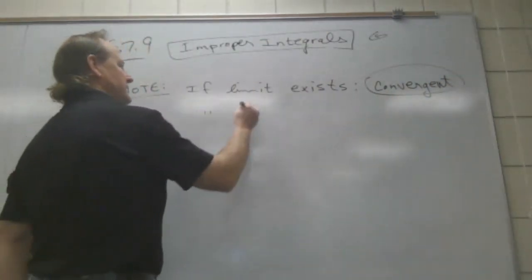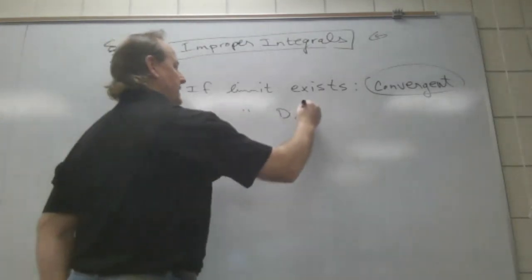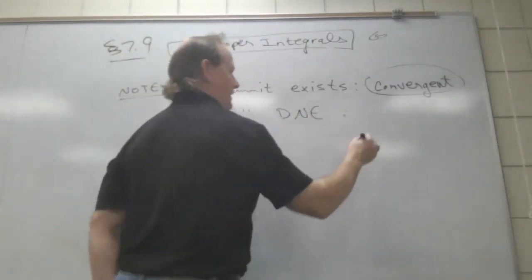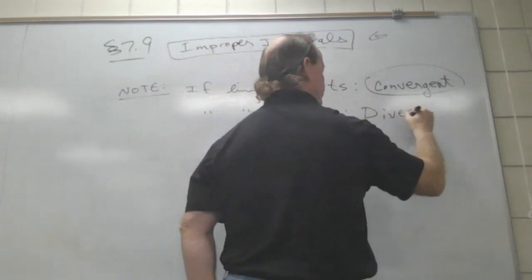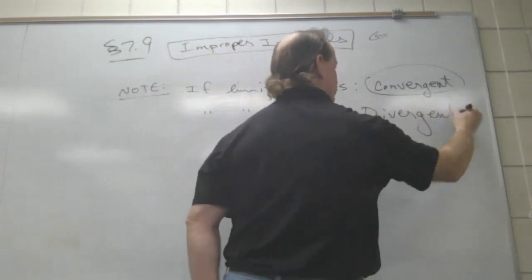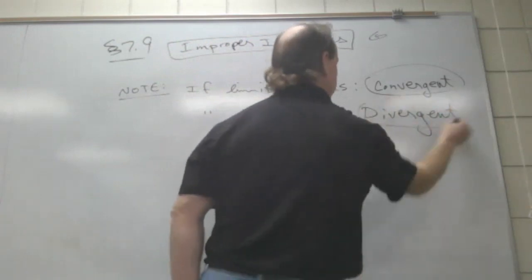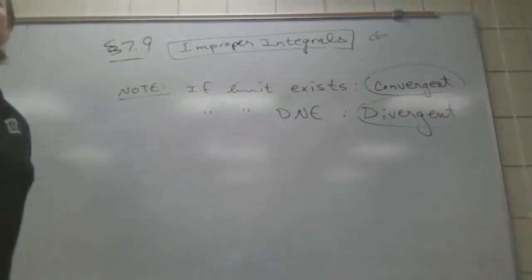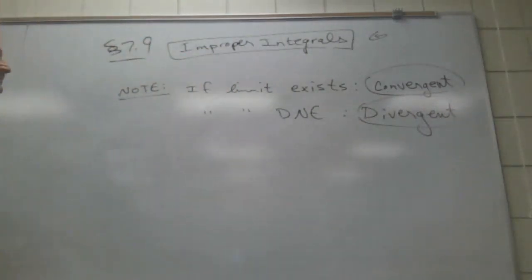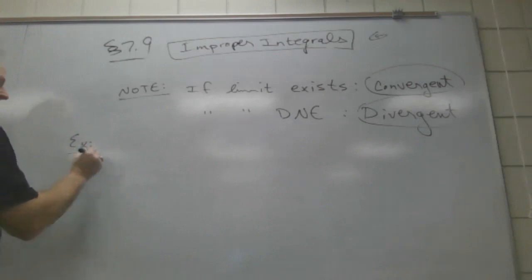If the limit doesn't exist, DNE, does not exist, we're going to call that divergent. The integral will be divergent. It would diverge, right? So let's look at an example.